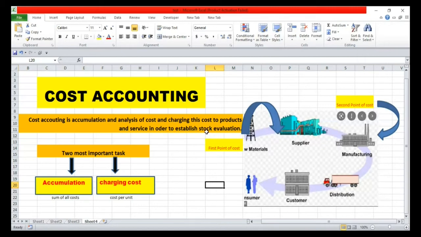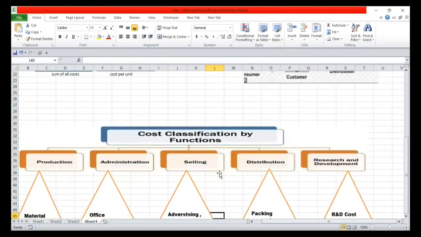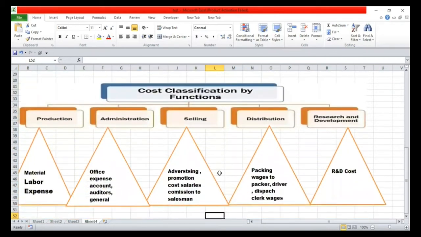So guys, here we will discuss these costs in more detail, and we divide costs as per their functions. There are different functions or divisions in an organization where we incur different costs. Our first task in cost accounting is to accumulate all the costs we incurred during different stages in a company.